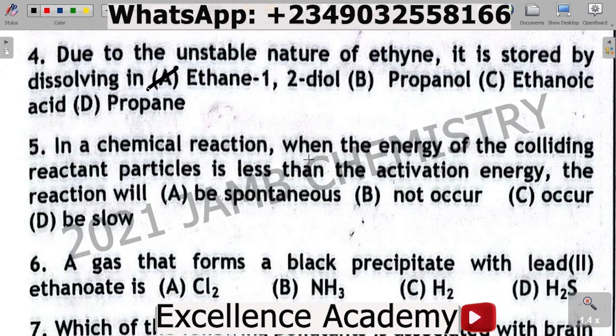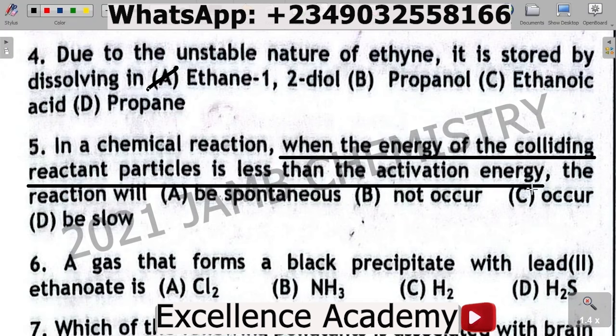So, if you look at this question, what they said, when the energy of the colliding particle reactants is less than the activation energy, you want to recall that the activation energy is the minimum energy that must be possessed by the particle before a reaction can take place. Hence, if this energy is less than the minimum energy, which is the activation energy, it means that the reaction will not occur.